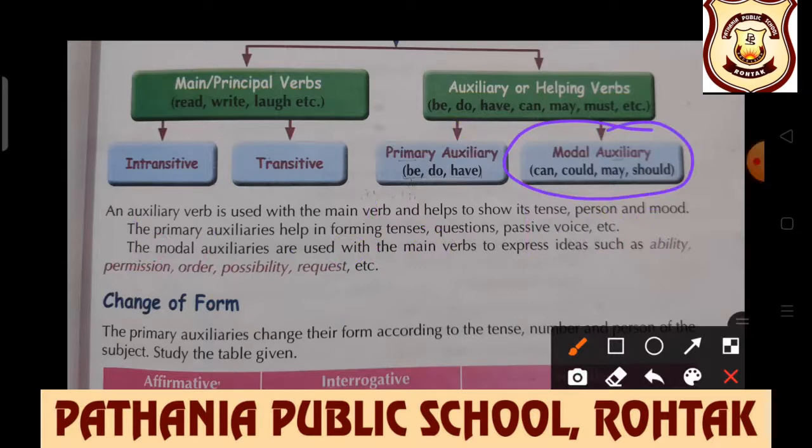They always express ideas such as ability, permission, order, possibility, request, etc.